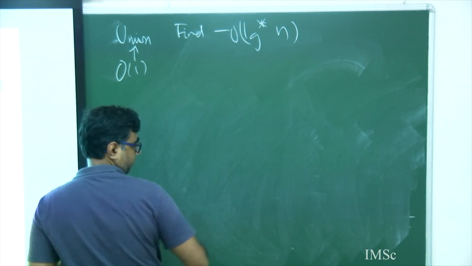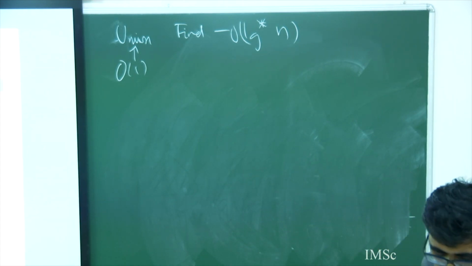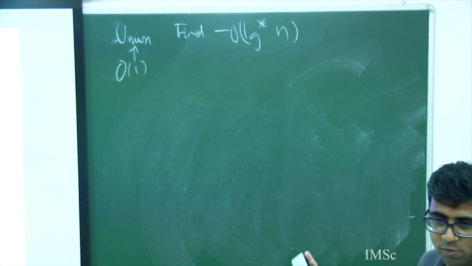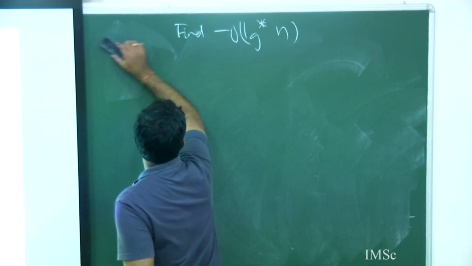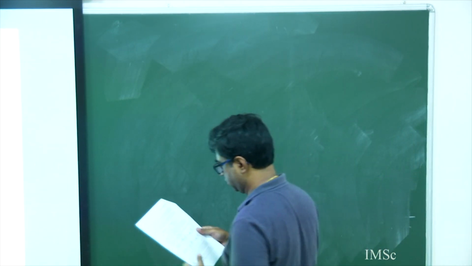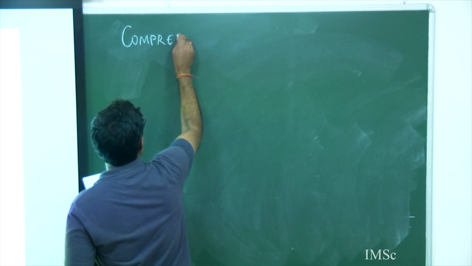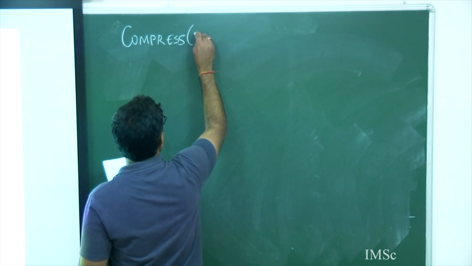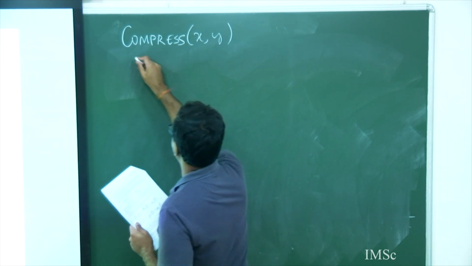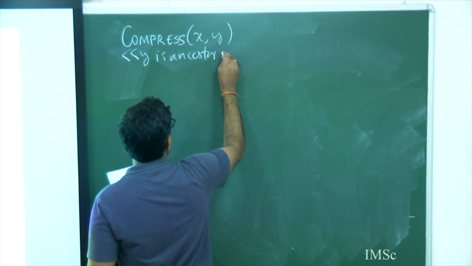Let me write down a couple of nice operations, and let's keep the slides here because we will use these properties of ranks. I'm going to define a general notion of compress. Compress takes x and y, two objects, and y is definitely an ancestor of x.